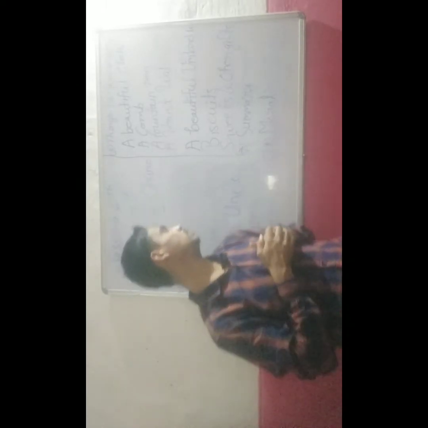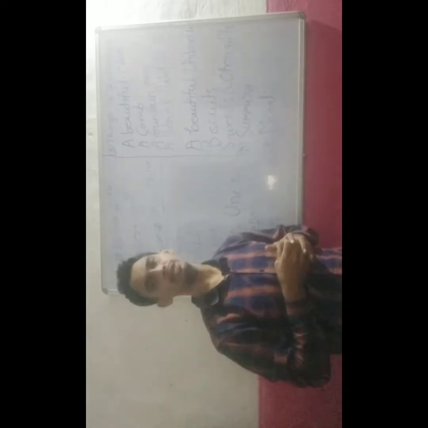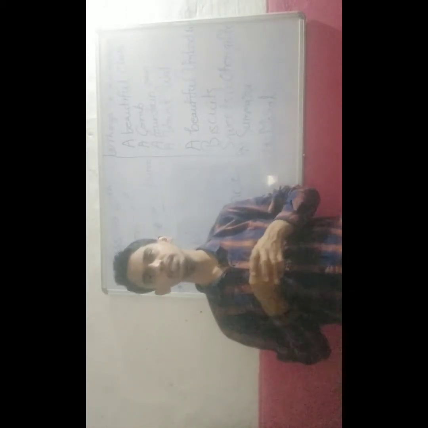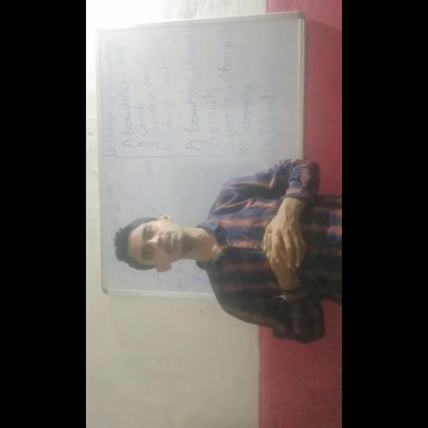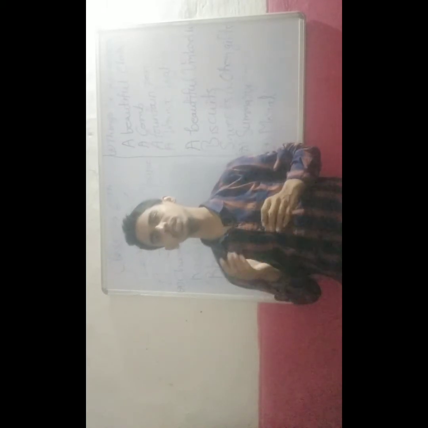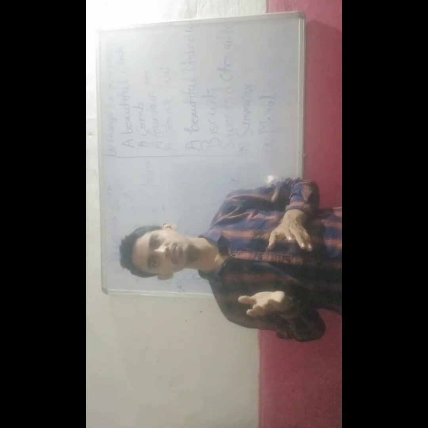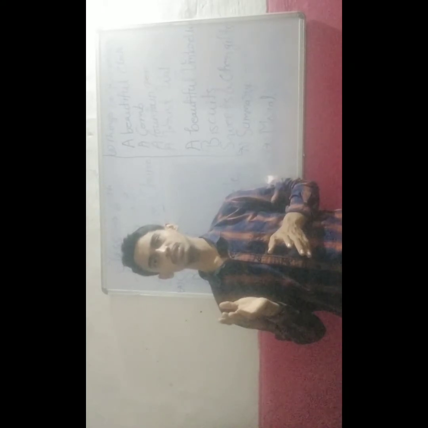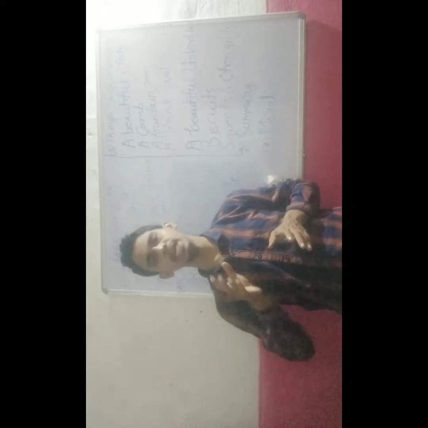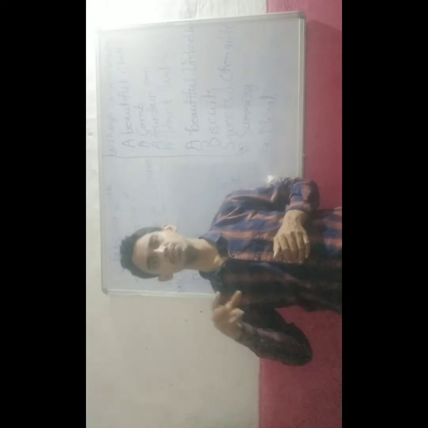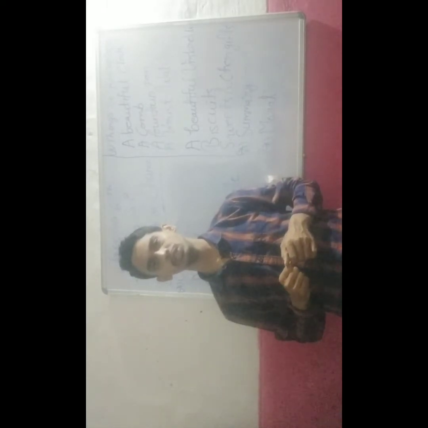Now let us begin the summary straight away. The summary begins with the Eid fair. The Eid fair is taking place in Rashid's village, and the place where the fair was situated was full of tradesmen and people.